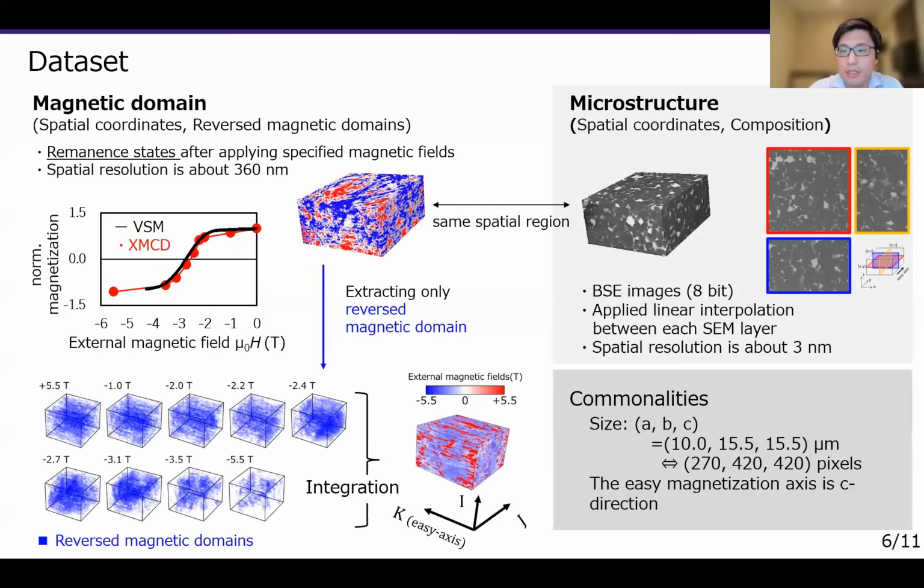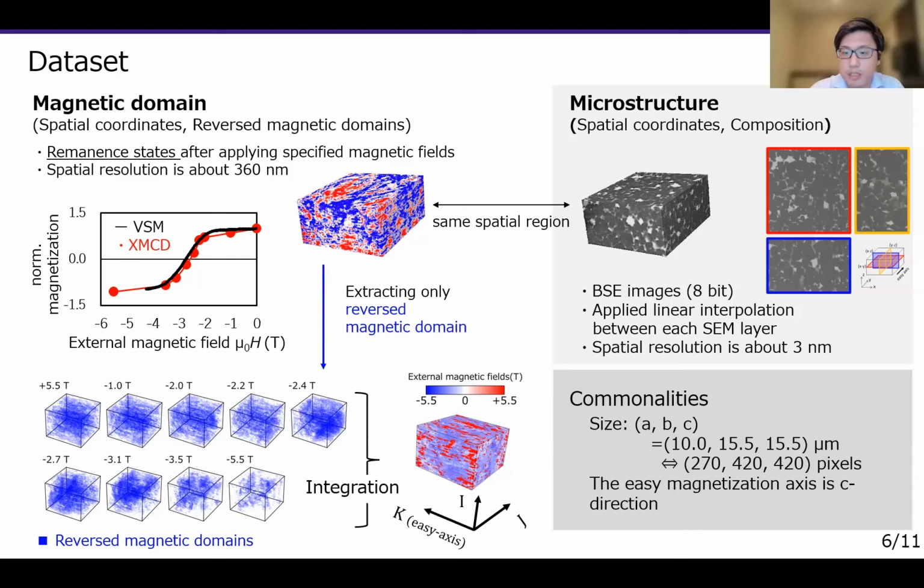I will explain the dataset used this time. First, let's explain magnetic domains. The magnetic domains in this dataset are residual magnetic domain states after applying each magnetic field.